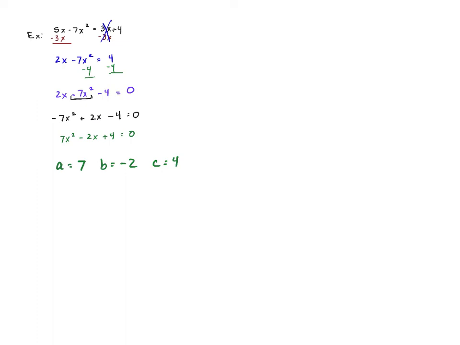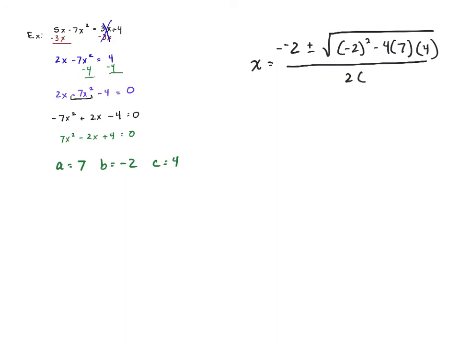So a is 7 in front of the x squared, b is -2 in front of the x, c is our constant. And I'm not going to rewrite the quadratic formula. I'm just going to start using it. So we go negative of b, -2. I have to square b, so -2 squared minus 4 times a times c, all over 2 times a.